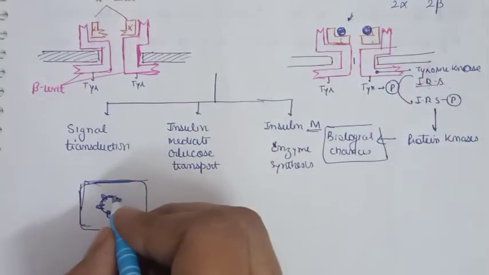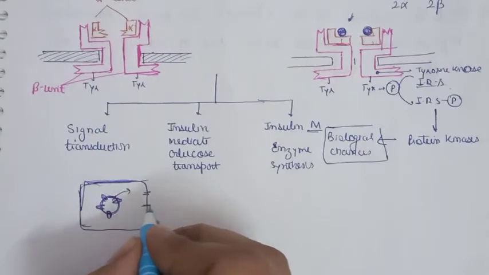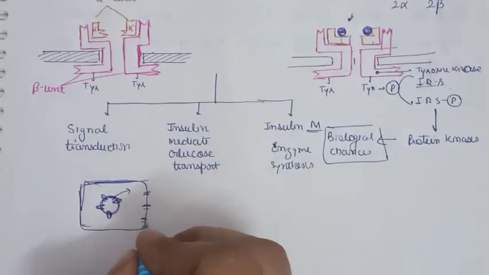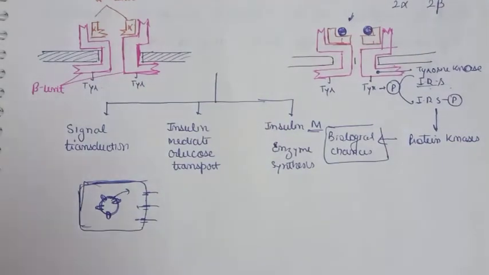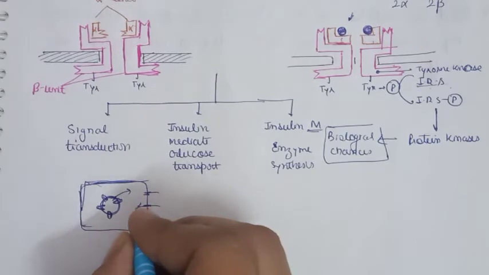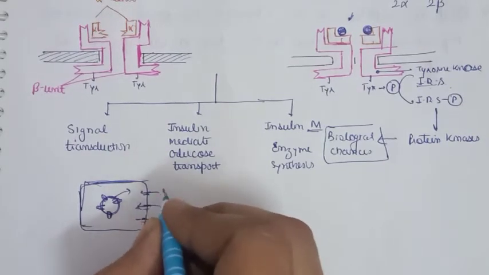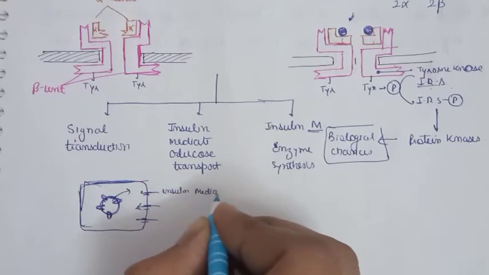It causes the translocation of these glucose transporters to the outside cell membrane, which leads to more intake of glucose, which leads to the insulin mediated uptake of glucose by the cell. So this causes insulin mediated glucose uptake.